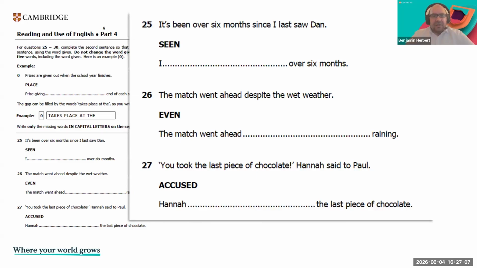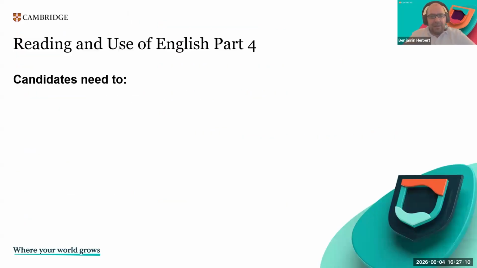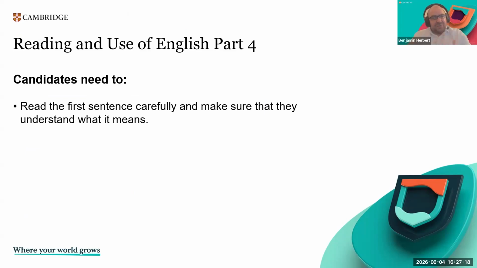Let's take a look, first of all, in a bit more detail at what our candidates need to do, and also how we can help them with this. They need to make sure that they really understand the meaning of that first sentence.